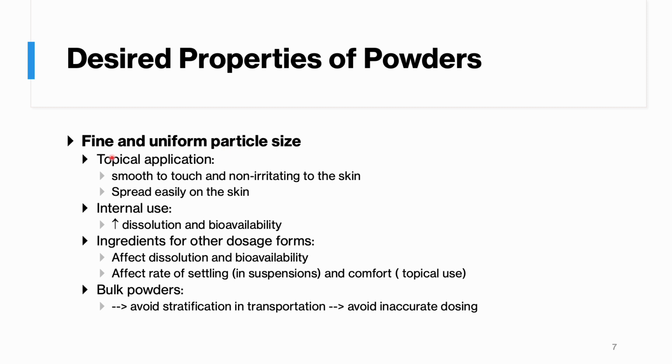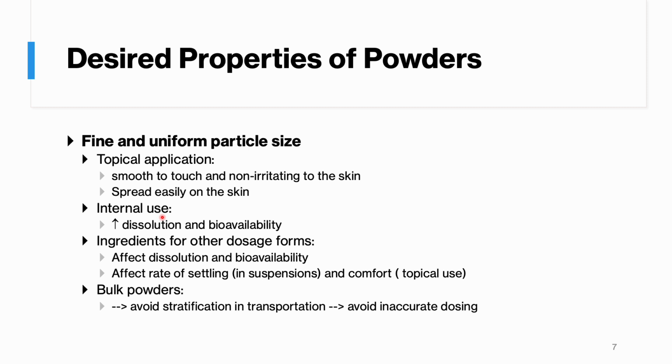If powder is used for topical application, the powder needs to be smooth to touch and non-irritating to the skin. The powder should be easily spread on the skin. So for topical application, usually the powder is made in a small or fine size.